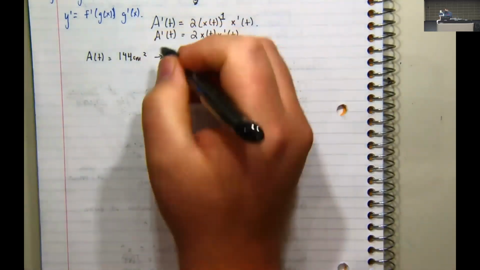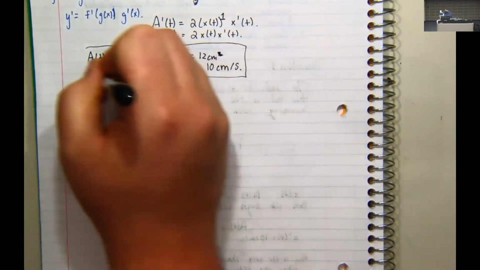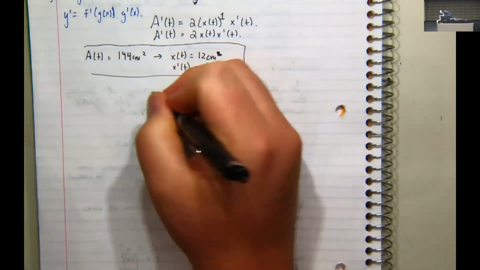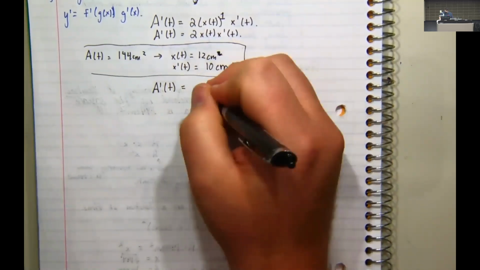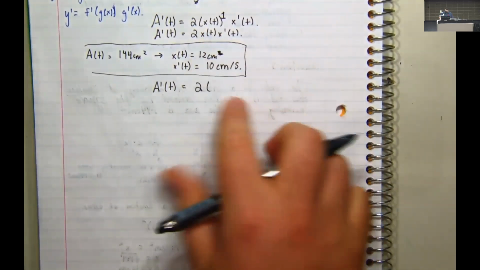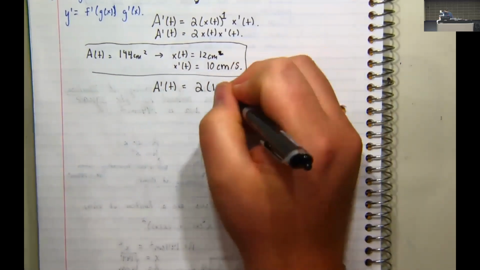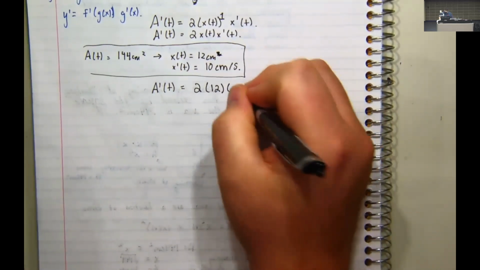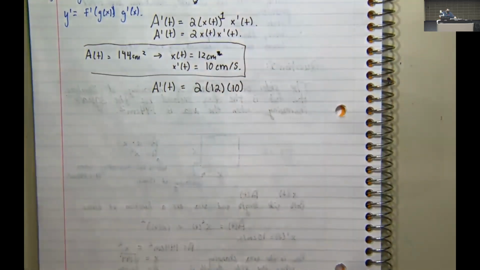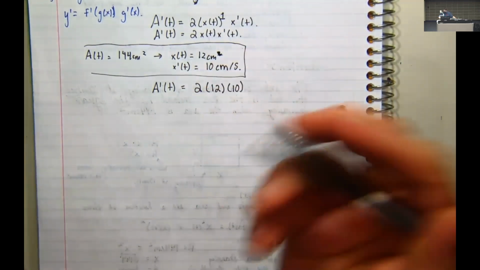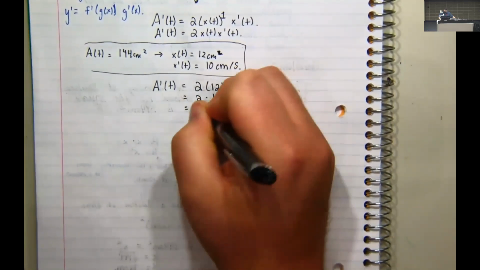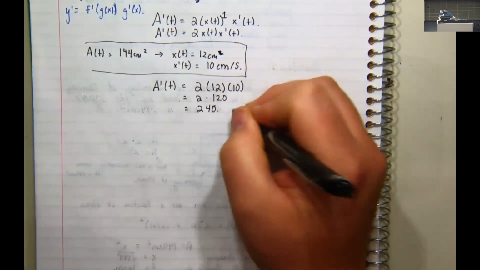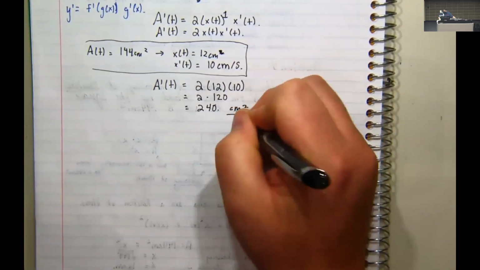Okay, so we can sub these values in. So the change in area with respect to time is equal to 2 times x at t, which is 12, times x prime at t, which is 10. Now we can just multiply this out. This is 2 times 120, which is 240, and centimeters squared per second would be the unit.